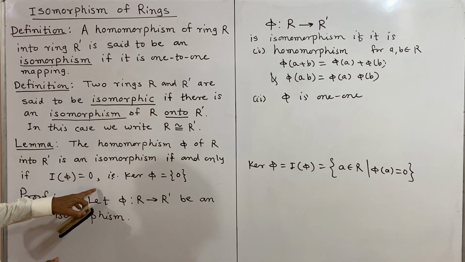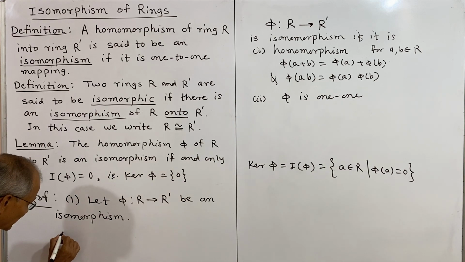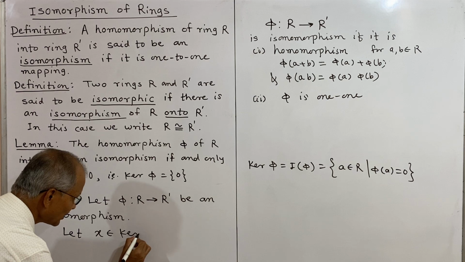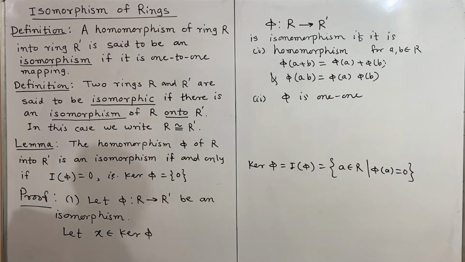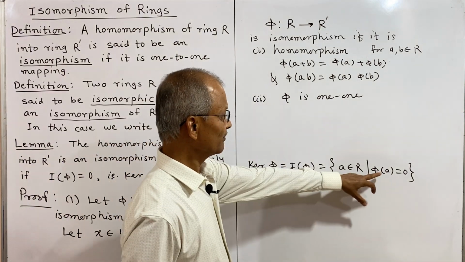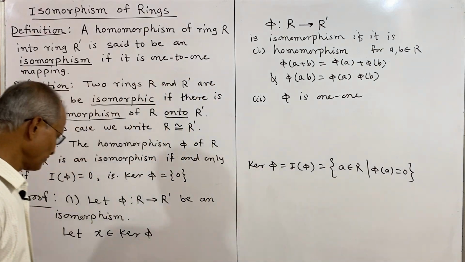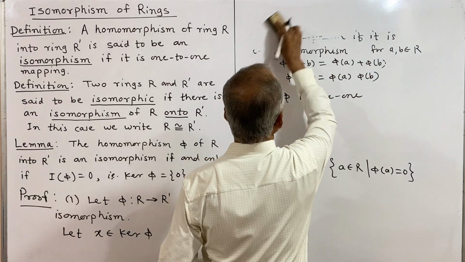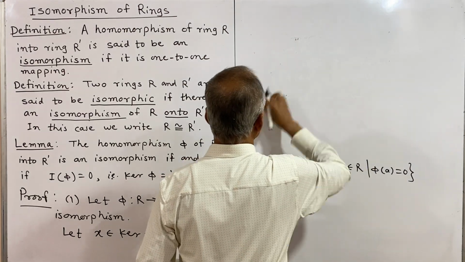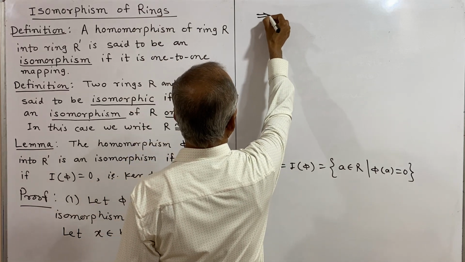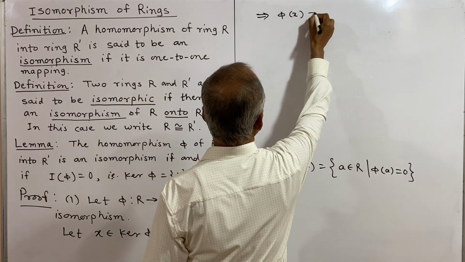Let x belong to kernel phi, and that means x is in R. By definition, if x is in the kernel, then the phi image of x is equal to 0. So phi of x is equal to 0.